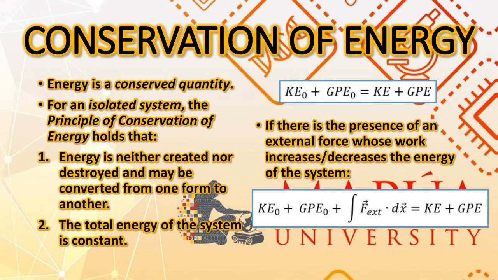So, initial kinetic energy plus initial gravitational potential energy is equal to final kinetic energy plus final gravitational potential energy. This is our equation for conservation of energy, in particular, conservation of mechanical energy.